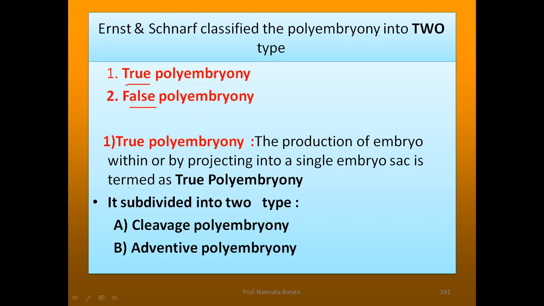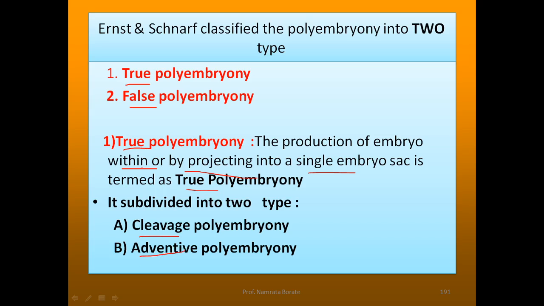So let's see the first type, true polyembryony. The production of an embryo within or by projecting into a single embryo sac is termed true polyembryony. It is subdivided into two types: first, cleavage polyembryony, and second, adventive polyembryony.